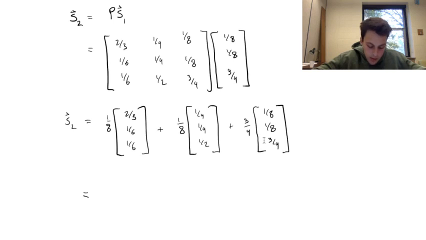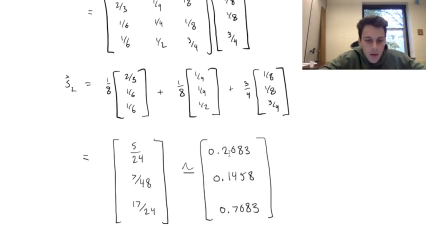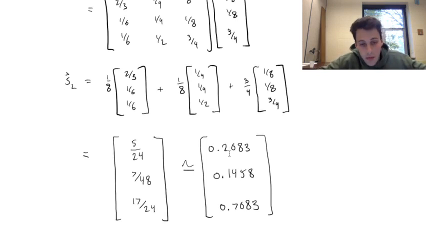Let me pull this up here. Should get you these values right here: 5/24, 7/48, 17/24. And I've written these out as decimals as well.